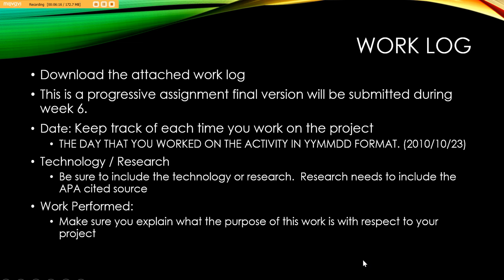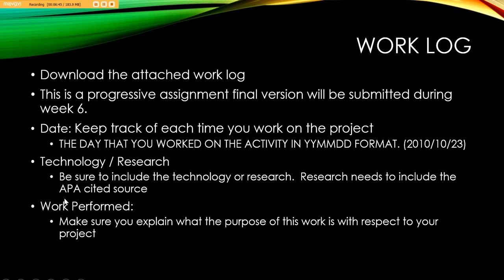The work log is given to you in week 1 so that you can keep track of everything that you do. It is progressive, and the final version will be submitted in week 6, and that's when you'll get the points for it. So keep track of each time you work on the project, the day that you worked on the activity in year, month, day format, and the technology or research you used.